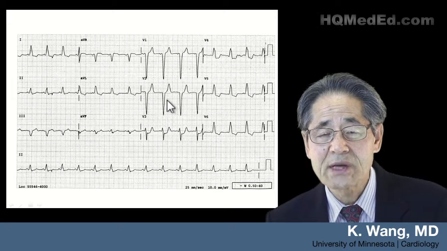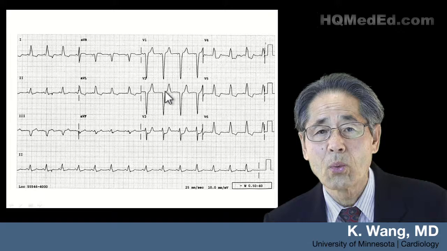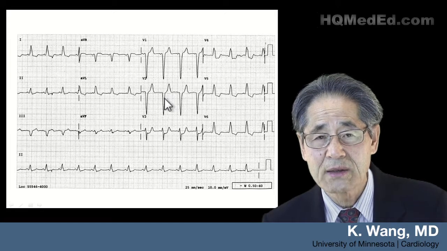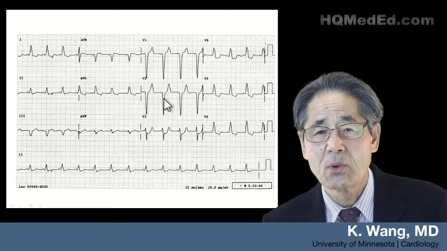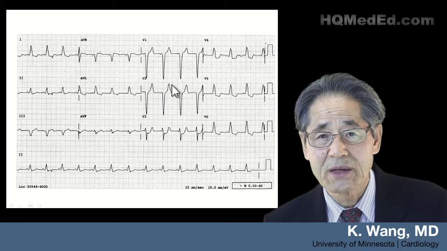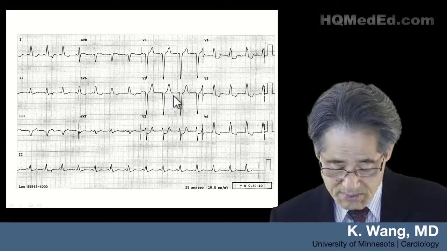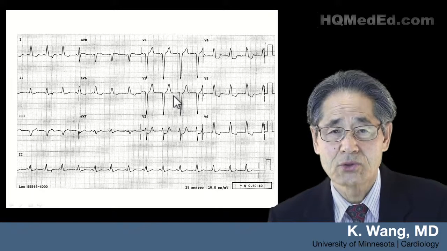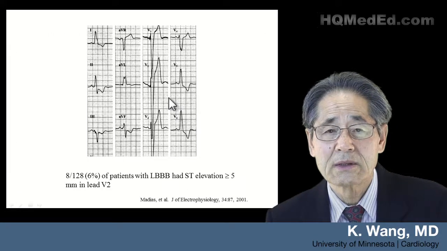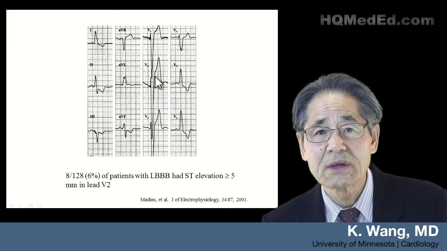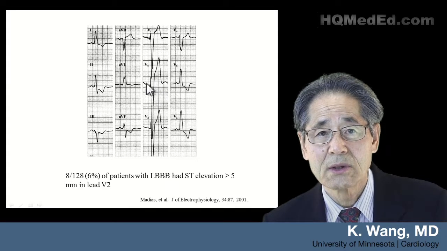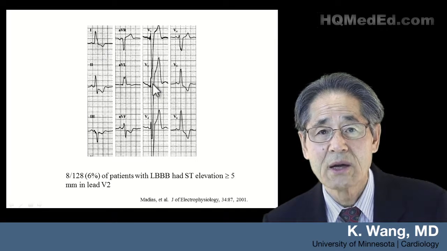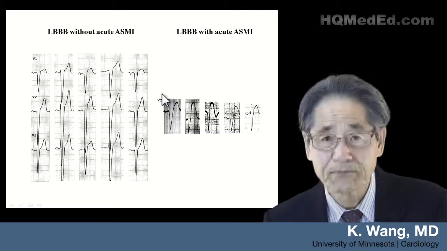But the anteroseptal infarction has no way of manifesting concordantly with the QRS because the QRS is mostly down, as the segment is up, no way to manifest as concordant changes. This patient has about 13 millimeter ST elevation with the left bundle branch block, but no infarction.